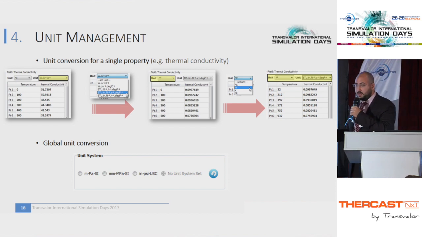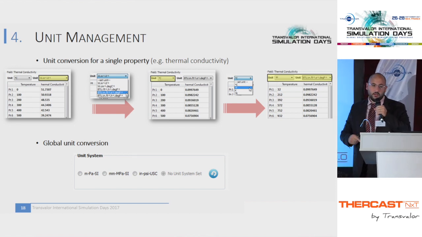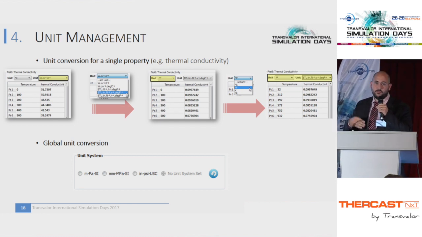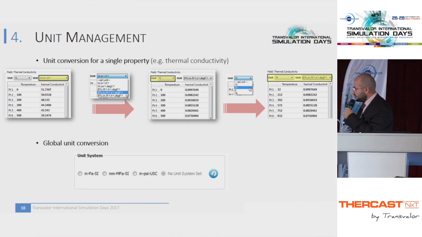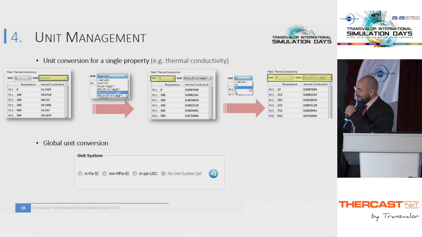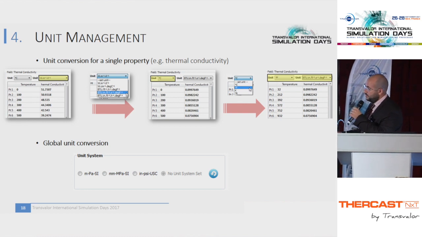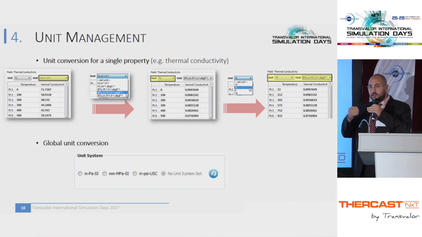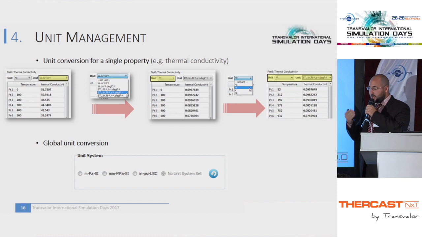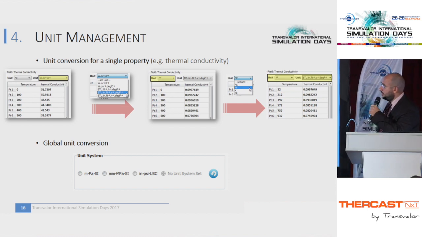Now, of course, it may be difficult to do this for every given field, for every tabulated field. So we also think of our clients, and this is why we have the global system of units. If you change the global system of units, these tasks will be done automatically for every single field which exists in the material, in the interface.